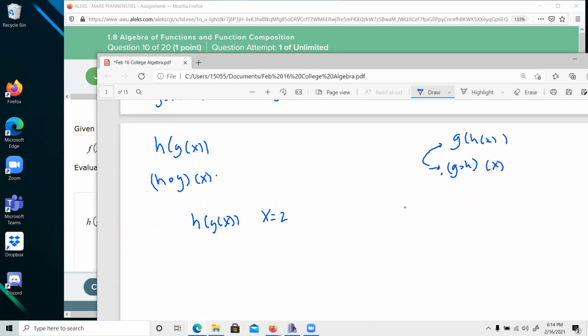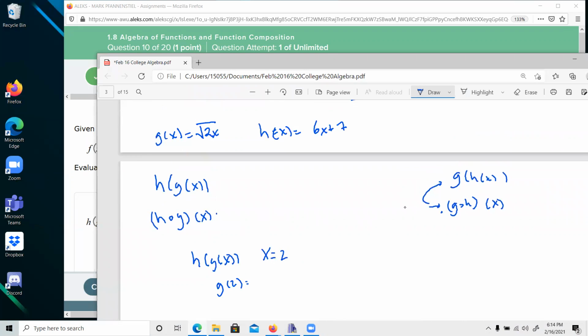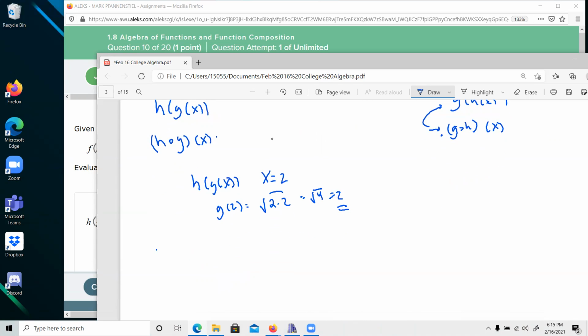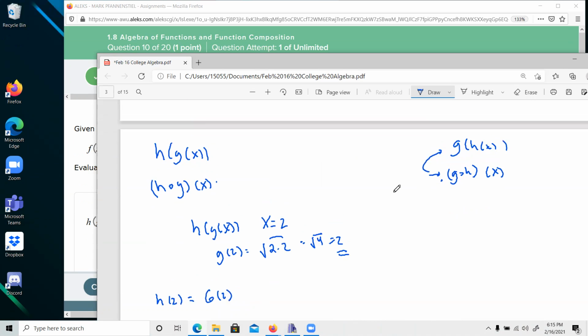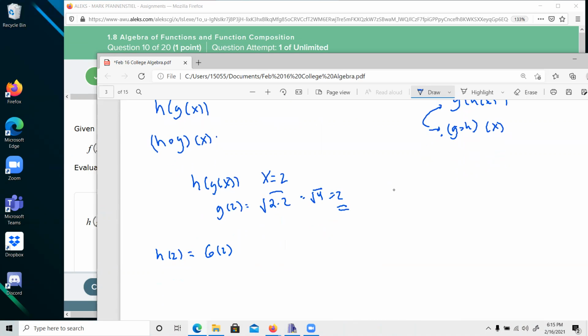Well, g of 2 is what? It's the square root of 2 times 2, which is the square root of 4, which is equal to 2. Now we're going to take this 2 and plug it into h. So what's h of 2? That's going to be 6 times 2 plus 7, which is 12 plus 7, which is 19.